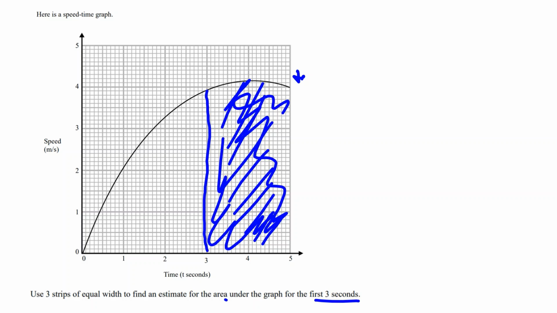So the way we're going to do this is we're going to split this up into 3 equal chunks. We've got a distance of 3 seconds, split into 3 chunks, so it's going to be 1 chunk per second. We're going to draw up at 1, and this first one's going to create a triangle. Now the second one, we've got 2 parallel sides here.